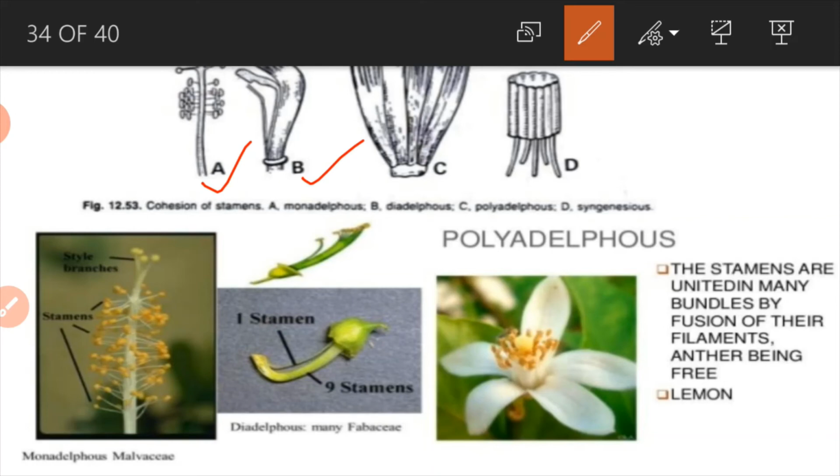If there are many groups, then it is polyadelphous in case of citrus family. Here the filaments are fused but the anthers are free. In case of syngenesious, the filaments are free but the anthers are fused, for example in sunflower.